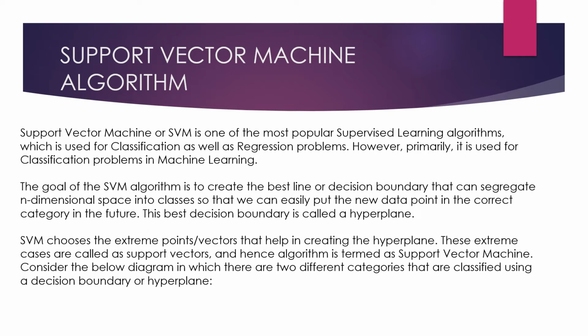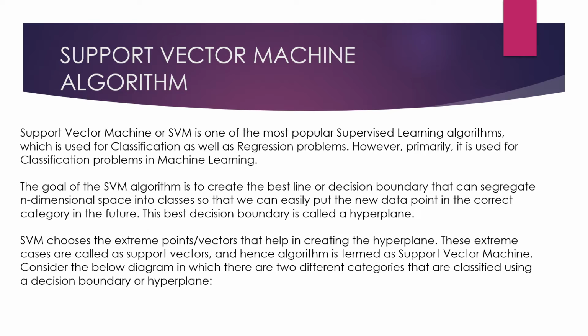The best decision boundary is called a hyperplane. SVM chooses the extreme points or vectors that help create the hyperplane. These extreme cases are called support vectors, and hence the algorithm is termed a support vector machine.